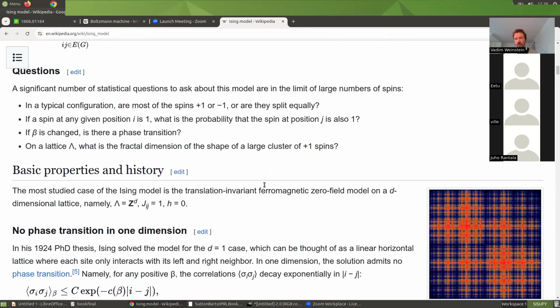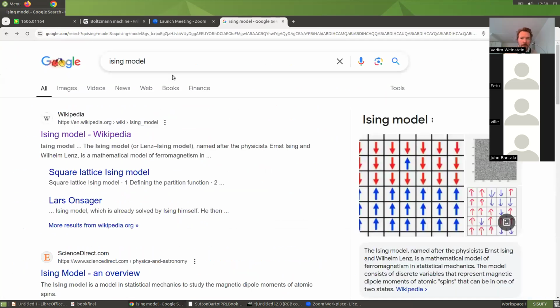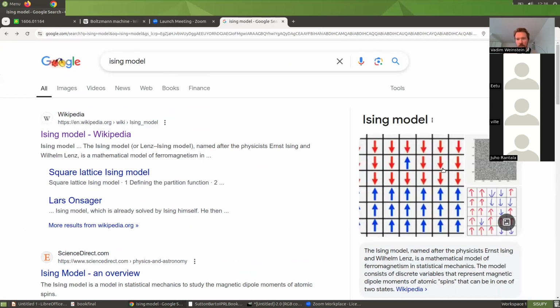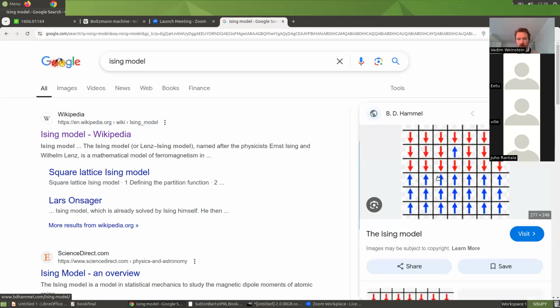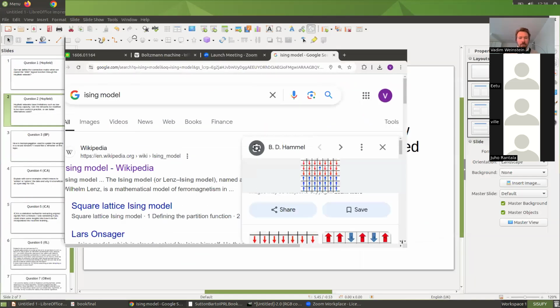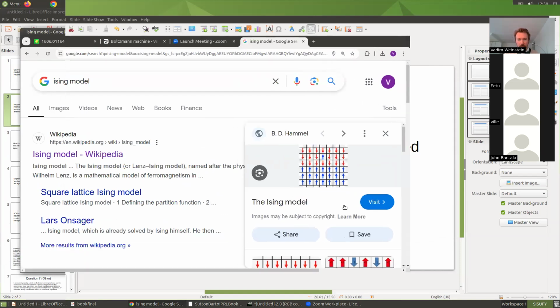Here's the Ising model. Imagine you have a grid of magnets. Each magnet can be rotated minus or plus, so it can be spin up or spin down. Here we have a picture. Imagine we have this grid of magnets.